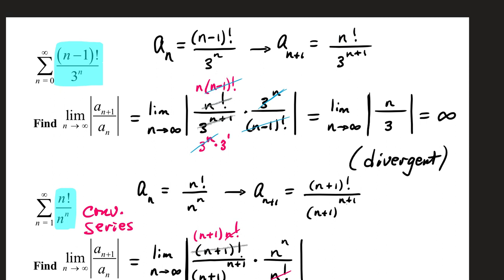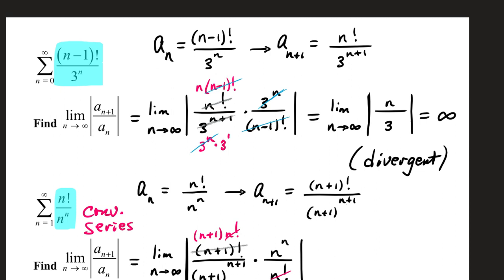Applying our ratio test, we have the limit as n goes to infinity of our a sub n plus 1 term times the reciprocal of our a sub n term. Upper left, n factorial, you can write that as n times (n minus 1) factorial.